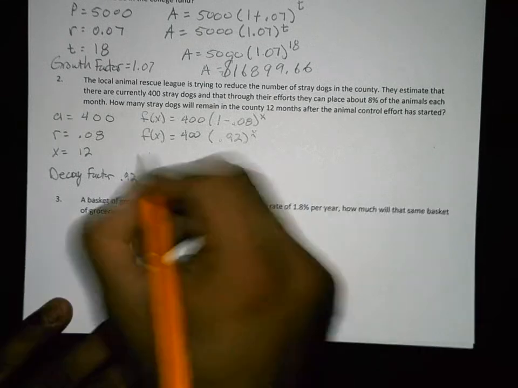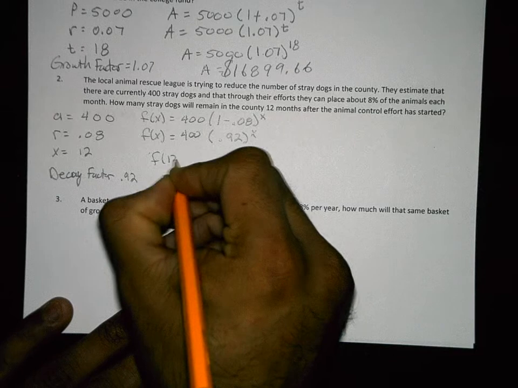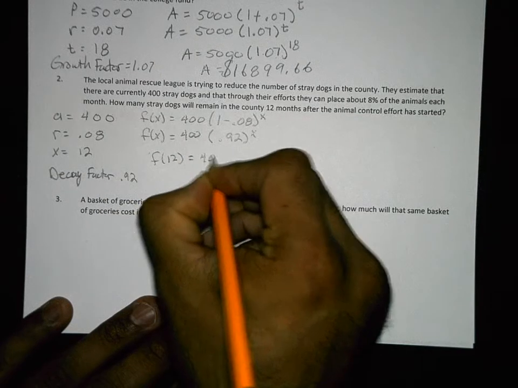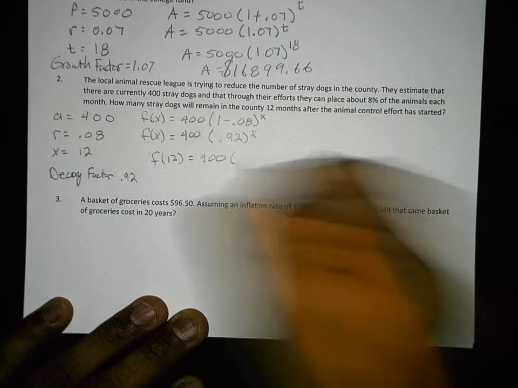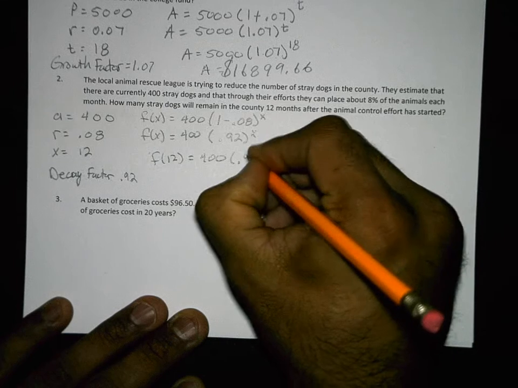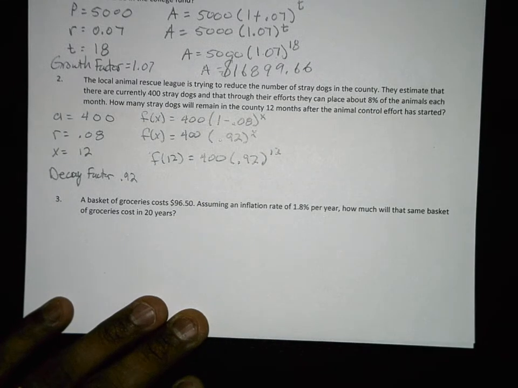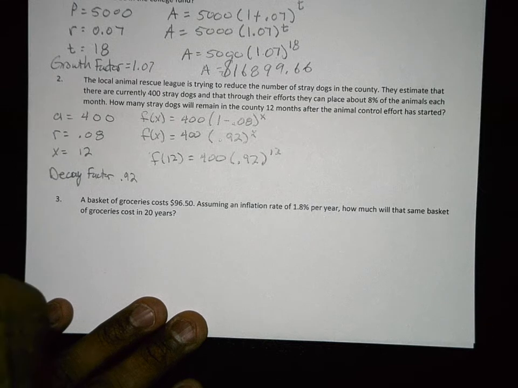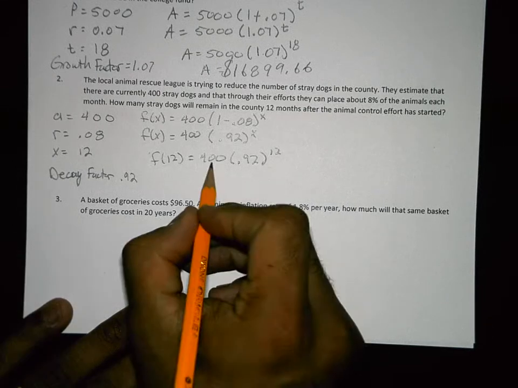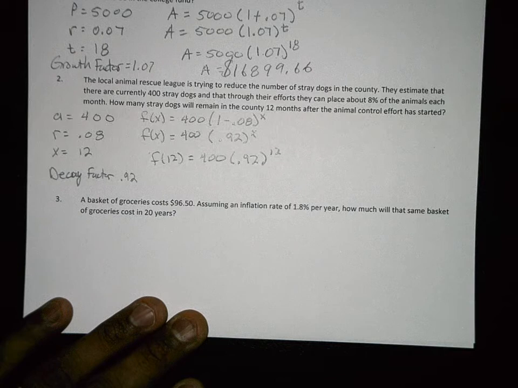So what we'll do is f of 12 equals 400 times 0.92 to the 12th. Enter this into my calculator. 0.92 to the 12th gives me about 0.367, and then multiply that by the 400.